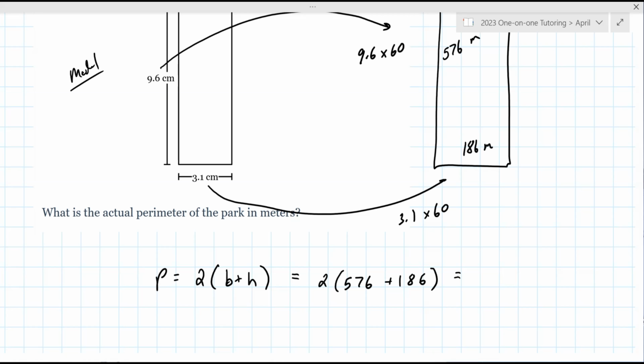Oh, am I supposed to solve this last part? Yeah, yeah. Okay. Sorry, I was writing it down first. 1,506. I got a different number here. I got 1524. Let me see, these numbers I agree with, 576 and 186.